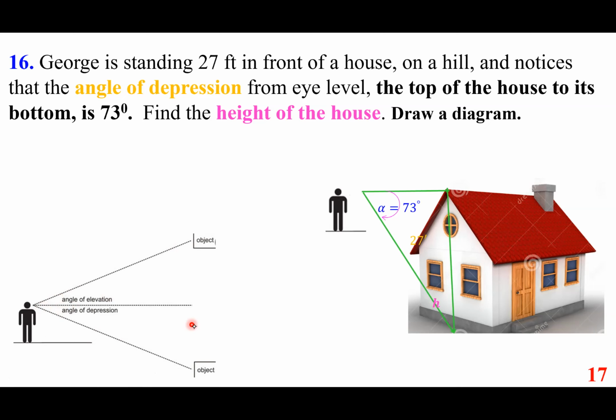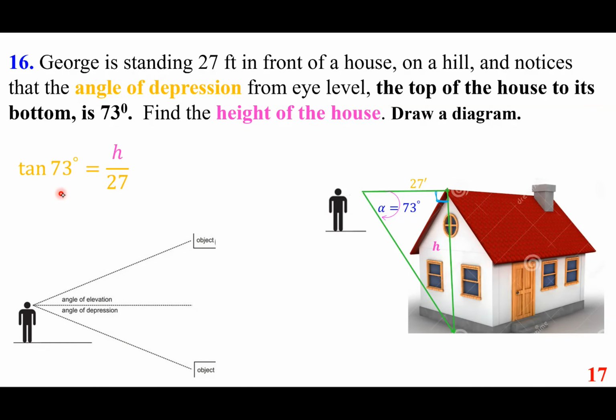We are interested in finding this height when we know this distance is 27 feet. So again, this is a right triangle. Therefore, tan of this angle is the opposite, which is h, over the adjacent, which is 27, and we can find the missing h by doing the cross product.